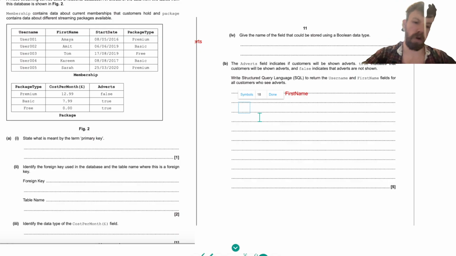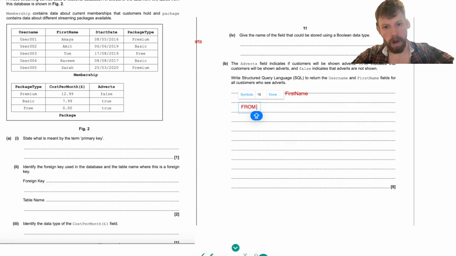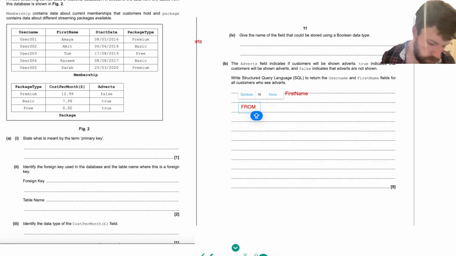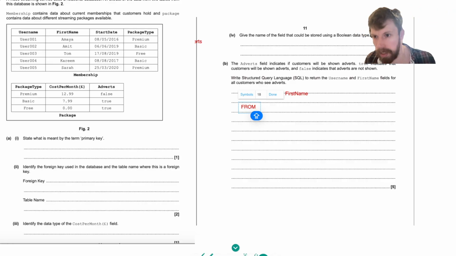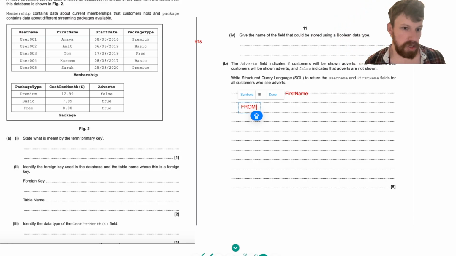And then what we're going to do is from, which is obviously the table name. So again, I'm going to listen to my own advice and put from. This is where we want to display the information where the adverts are true, okay? And we want to display the information from here.